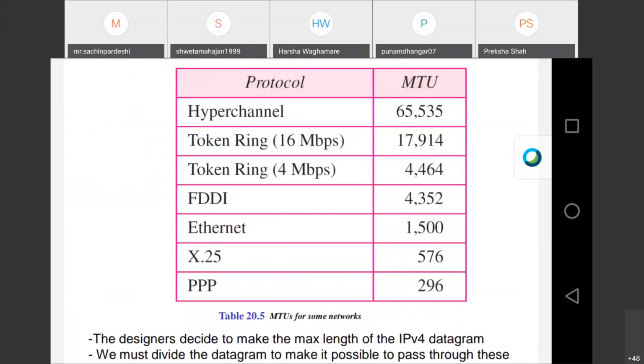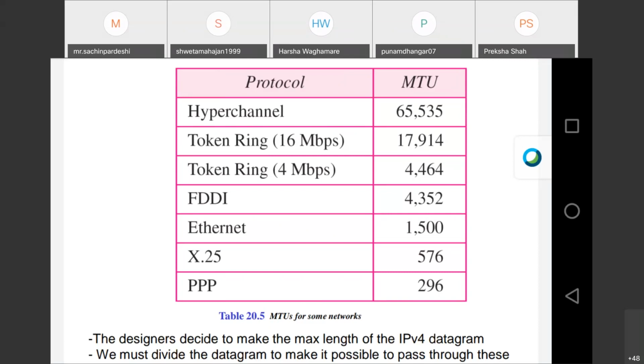We have seen FDDI, Ethernet, X.25 in our previous lectures. So these different types of networks have different maximum transmission units. Why? Because different types of protocols are used in the different types of networks.